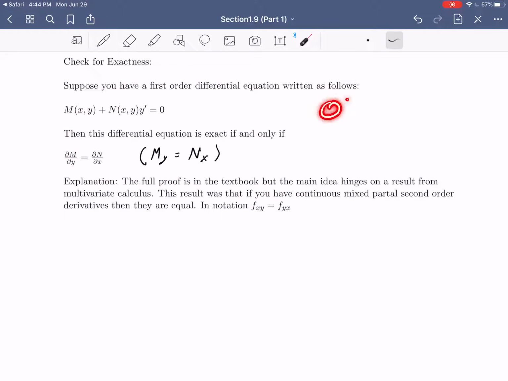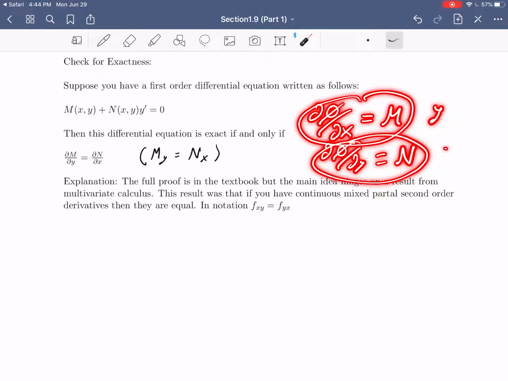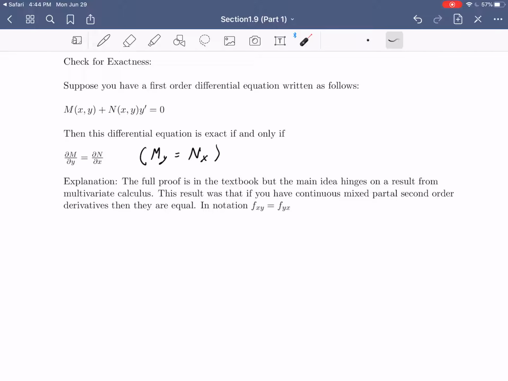That explains where this check is coming from. If we assume that there is a potential function out there, then the partial with respect to x is supposed to be M, and the partial with respect to y is supposed to be N. So if we differentiate this one with respect to y and this one with respect to x, we would get those mixed second order partials.